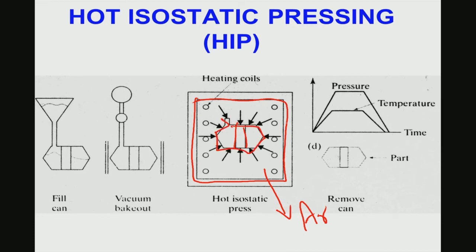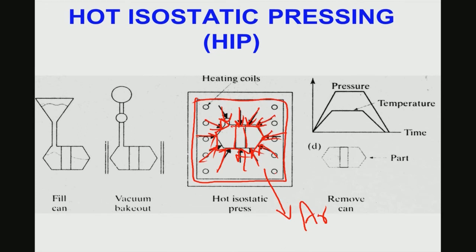According to Pascal's law, the pressure transferred in the fluid will be equal from all directions, right. And if you follow this Pascal's law, then this material will experience equal pressure from all directions. Therefore, isostatic. Hot means this firing in the argon gas environment takes place at high temperature, that is why it is called hot isostatic pressing.